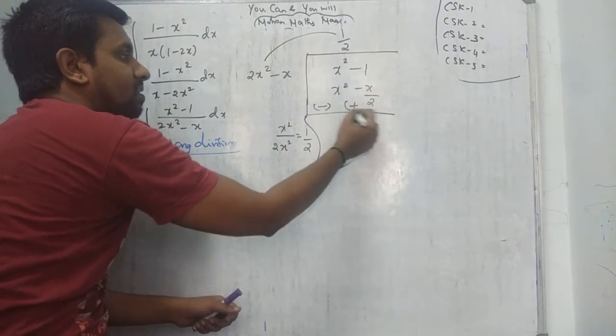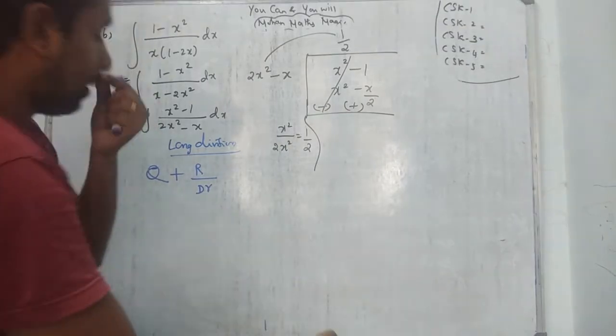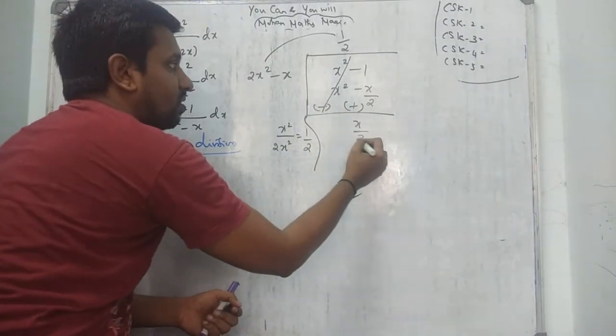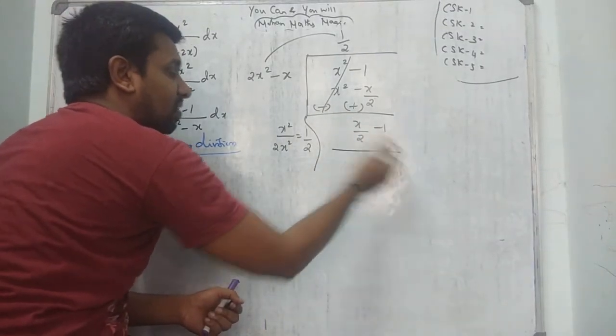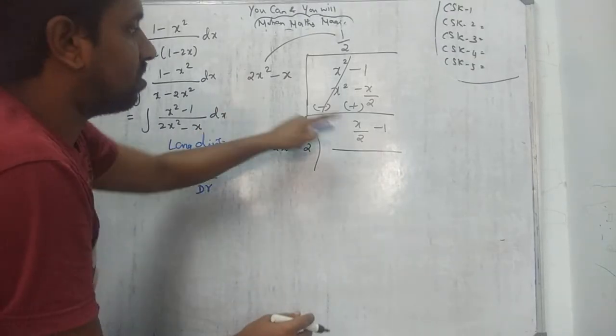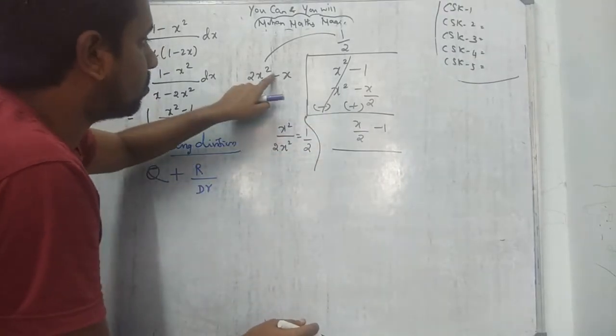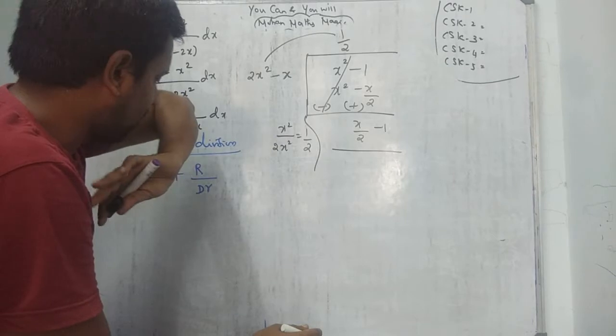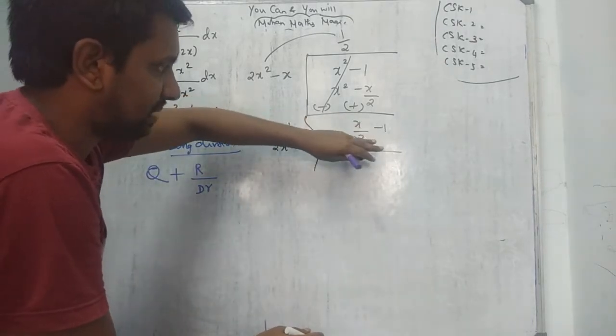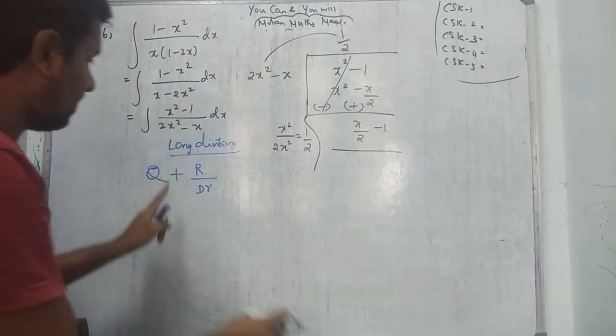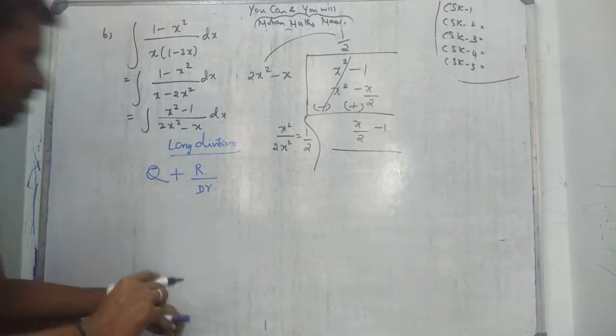Change the symbol, cancel it. I got x upon 2 minus 1. No need to go for the next step because here the highest power of x is 1 and this is 2, this is less, so you don't need to go for all the steps, just do one step. Now what I have done here: quotient plus remainder by denominator.